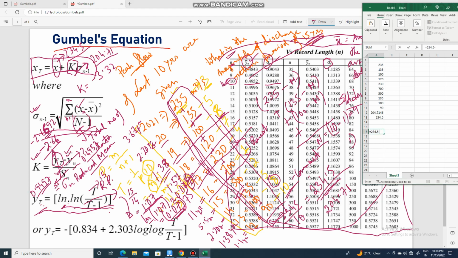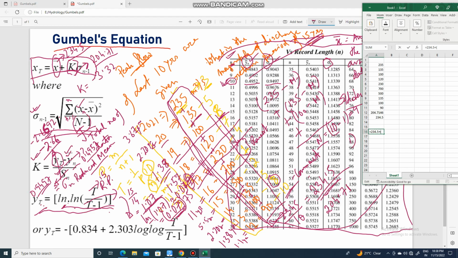Now, within bracket, the value of k is, oh sorry, this is not minus, it is plus.